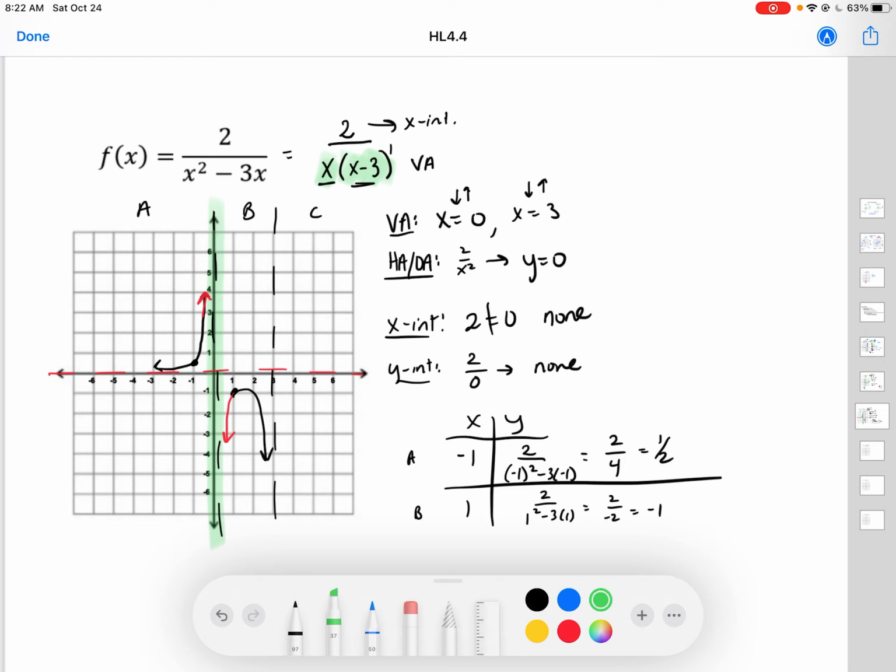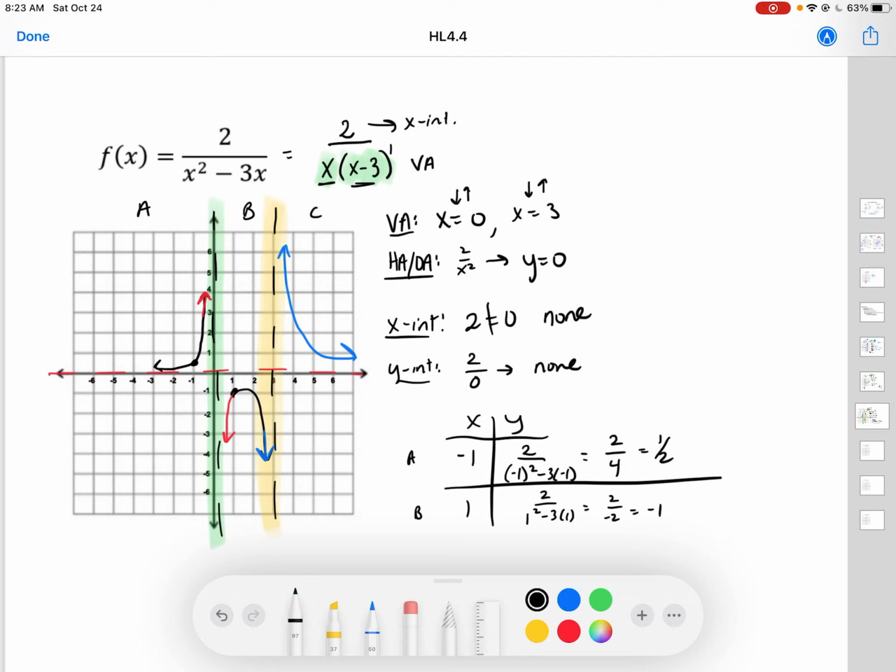And then, likewise, rather than plugging in a value for C, I already knew that these arrows have to also go opposite directions. And currently this one's going down, which means the other one has to be going up, so it has to be in the above region, and it can't cross through the x-axis, or else you'd have an x-intercept.